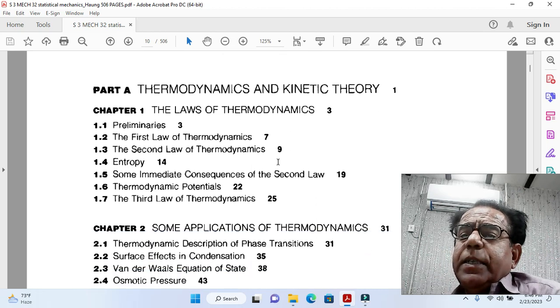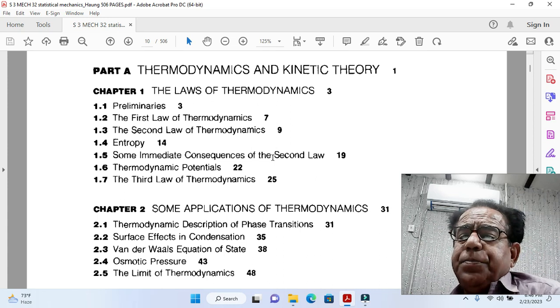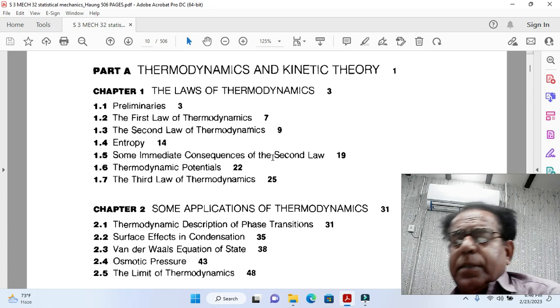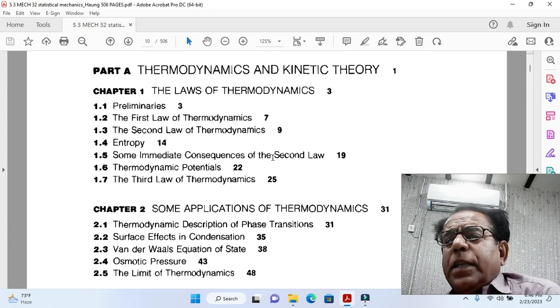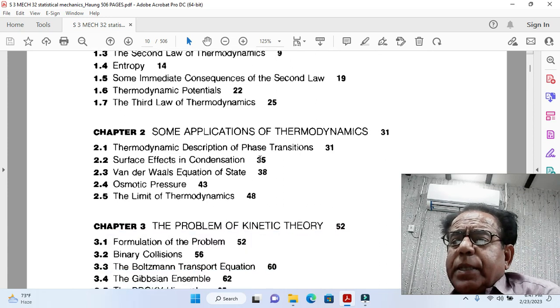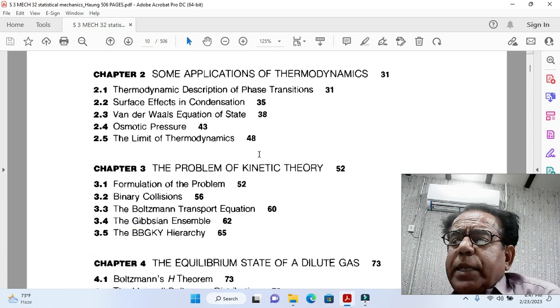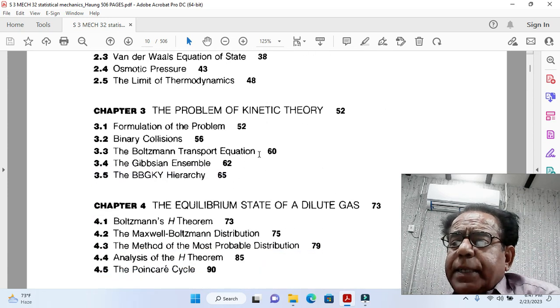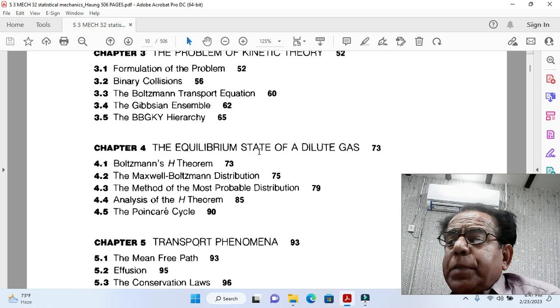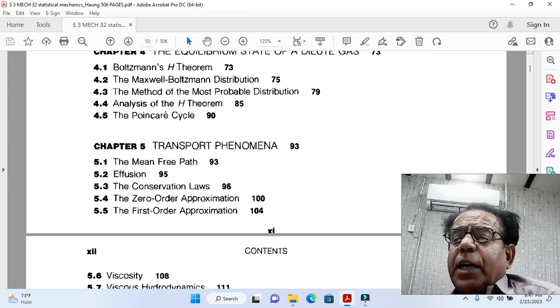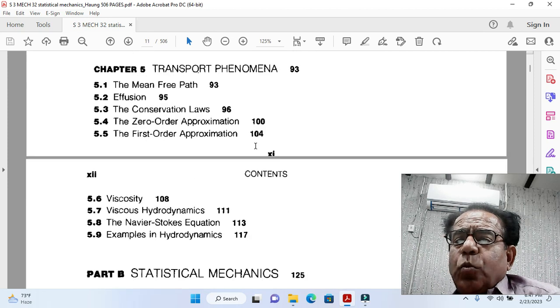Now we read only chapter titles. The laws of thermodynamics, some applications of thermodynamics, the problems of kinetic theory, the equilibrium state of a dilute gas, transport phenomena.